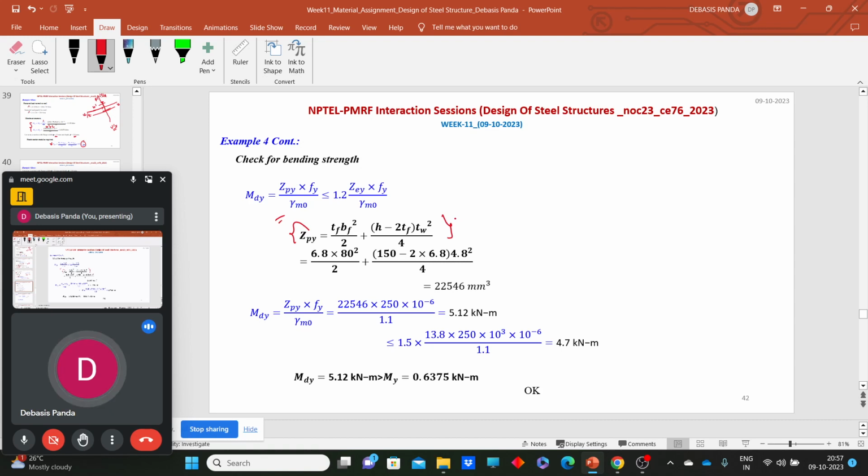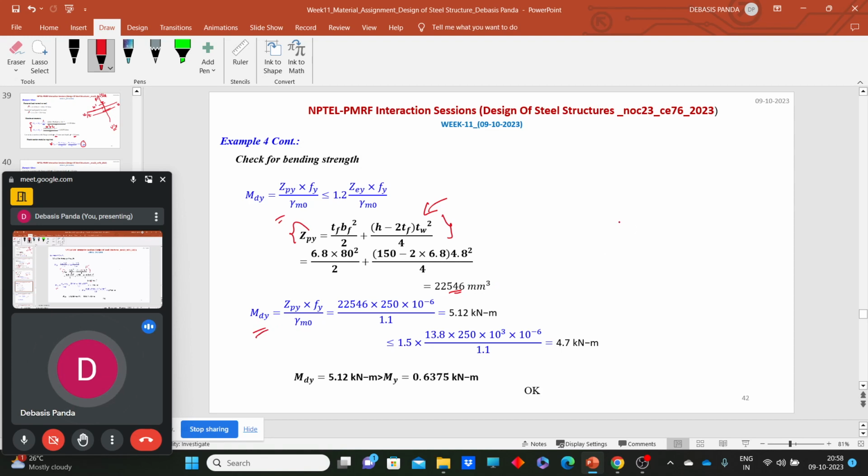We have seen earlier, using this formula, or you can directly draw the section and calculate the Zp_y, the plastic modulus about the y axis. That Zp_y comes as 2256 mm cube.